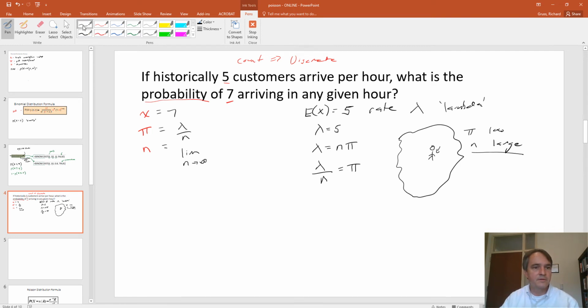With that binomial probability mass function, remember we had the probability that X is equal to x, given n and pi, equal to n factorial over x factorial times n minus x factorial, and then pi to the x, times 1 minus pi to the n minus x.